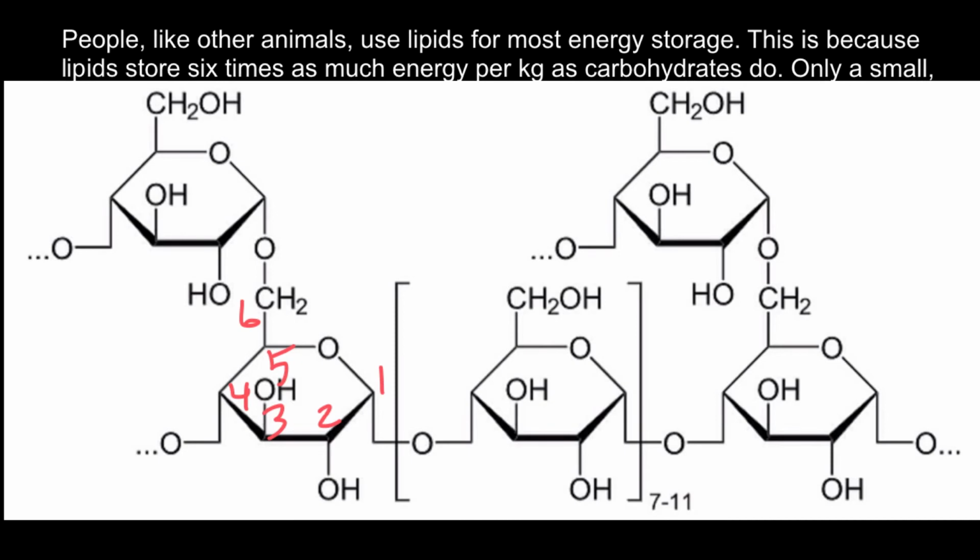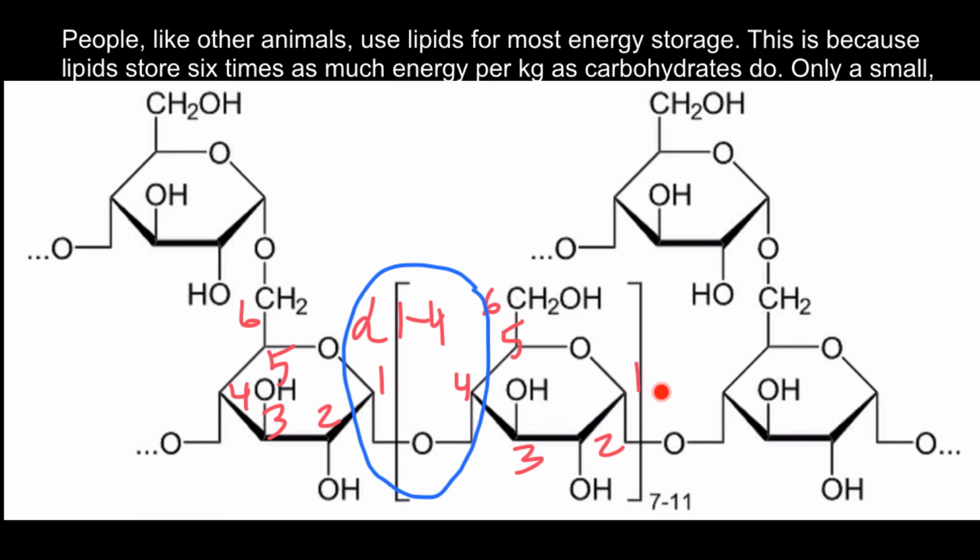And the adjacent molecule also has the same numbers of carbon, 1, 2, 3, 4, 5, and 6. So as you see, in a chain, two glucose molecules would be connected by alpha 1,4 glycosidic bonding, and about every 3, 4 sugar molecules in a chain, we would also see branching.